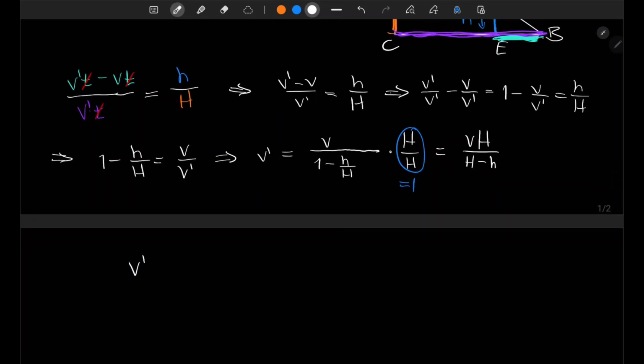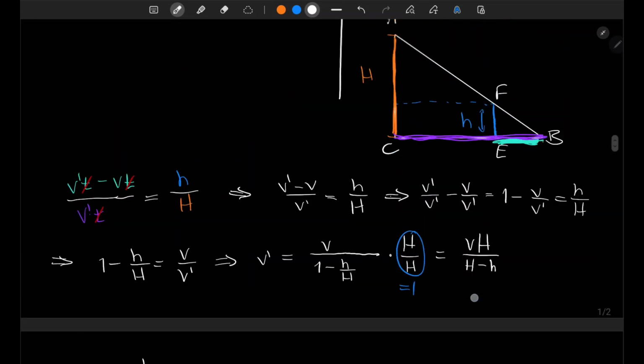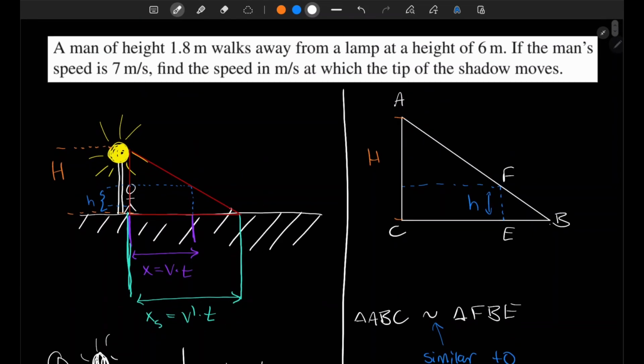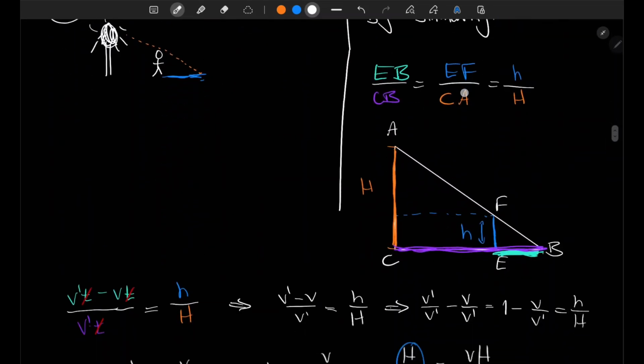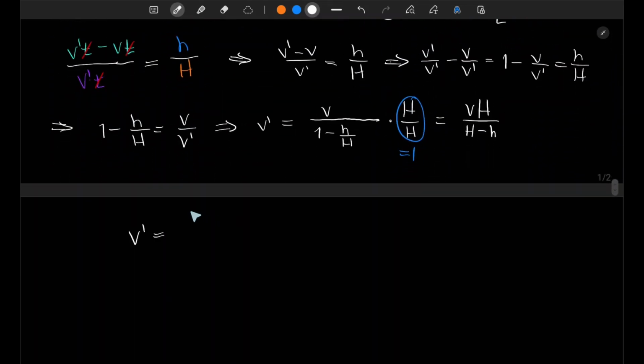We're given these values, so let's go back to what we have initially. We have that v is 7, big H is 6, and little h is 1.8. So v prime is 7 meters per second times this guy, which is 6 meters, that's big H, divided by 6 meters minus 1.8 meters.